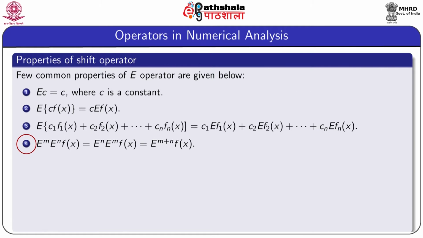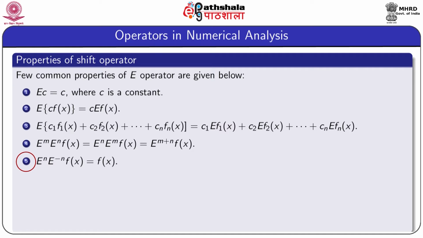Also, the shift operator satisfies the laws of indices like the forward difference operator, that means E to the power m into E to the power n f x equals E to the power n E to the power m f x equals E to the power m plus n f x.